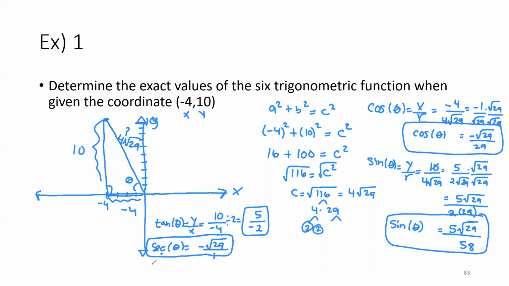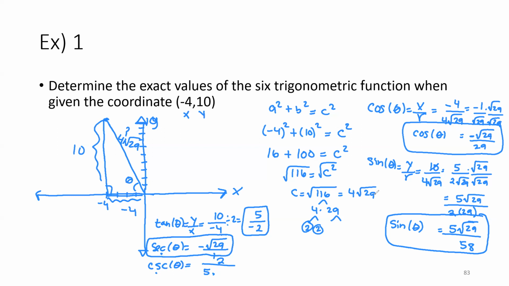And then cosecant theta, there's an s here, so that's the reciprocal of sine. So if sine was originally 5 over 2 square root of 29, that would be 2 over 5 square root of 29.